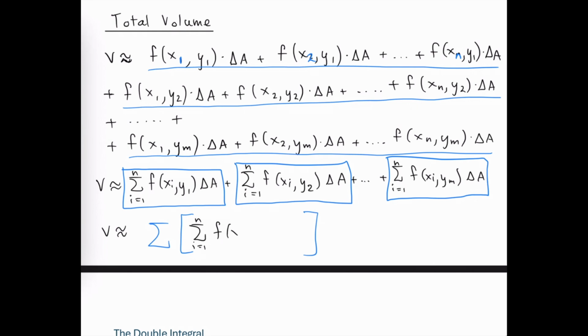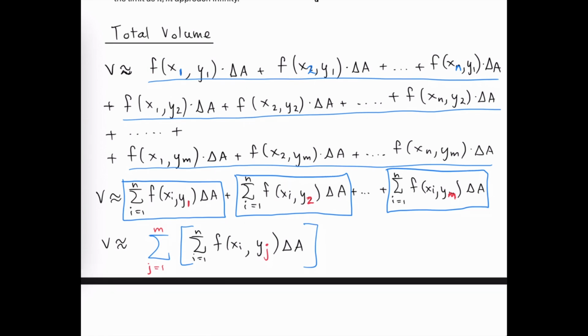They all have x sub i in each of these expressions. The thing that changes here, though, is that y goes from 1 to 2 all the way up to m. And so we'll say on this blue summation that j starts at 1 and goes to m, and that is what changes in this argument, that j value. Everything else is the same with each of those summations. The only thing that changes is that j subscript.